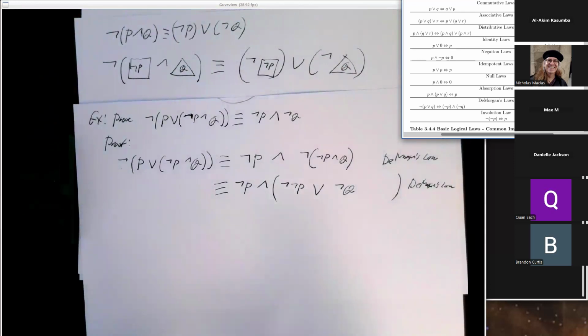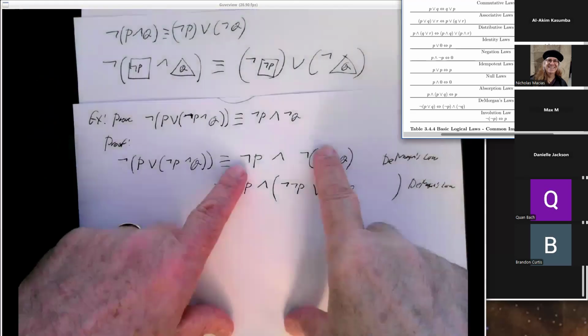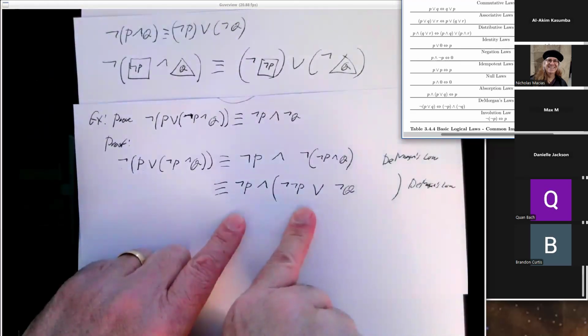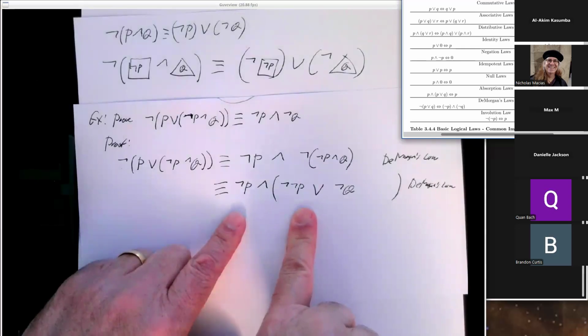So part of the challenge here is we're trying to be very mechanical, very robotic about this. We're not trying to think ahead and understand or intuit why this would be equivalent to this. That's a really hard thing to do, and it's not useful in this context.